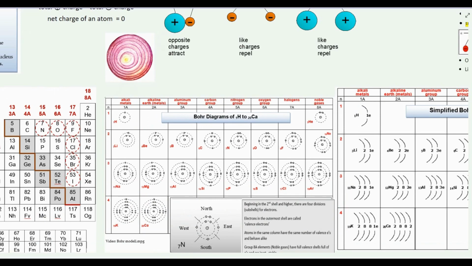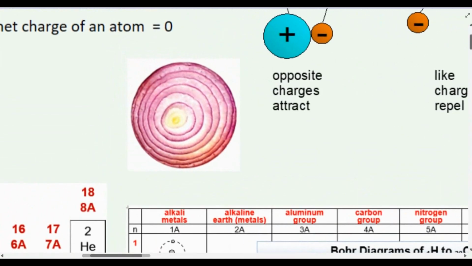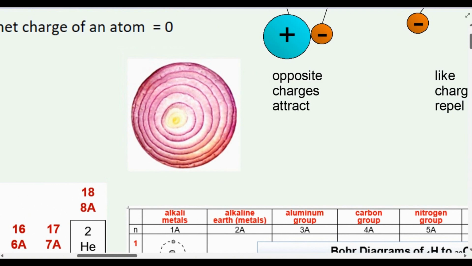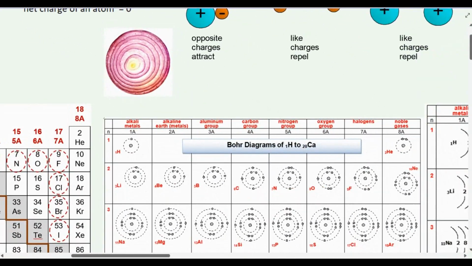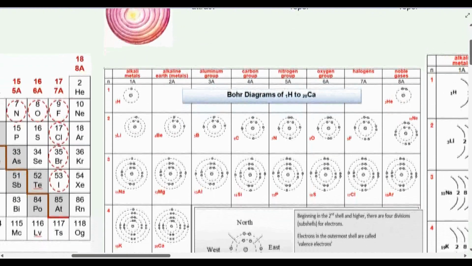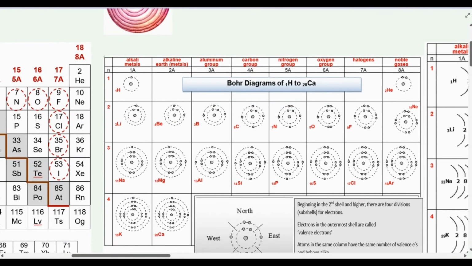So although our onion model or Bohr model of the atom is not completely accurate, it's very simplified, it still gives us a lot of good information.